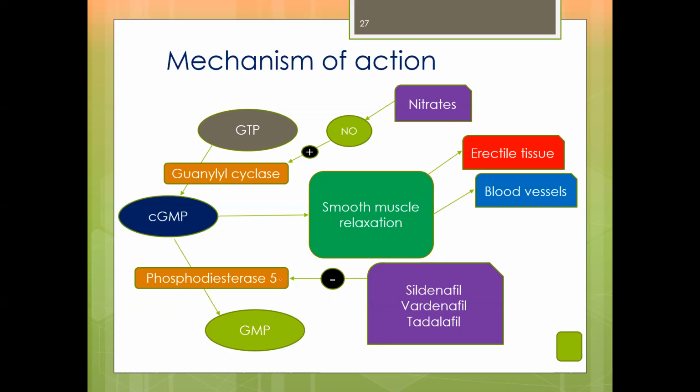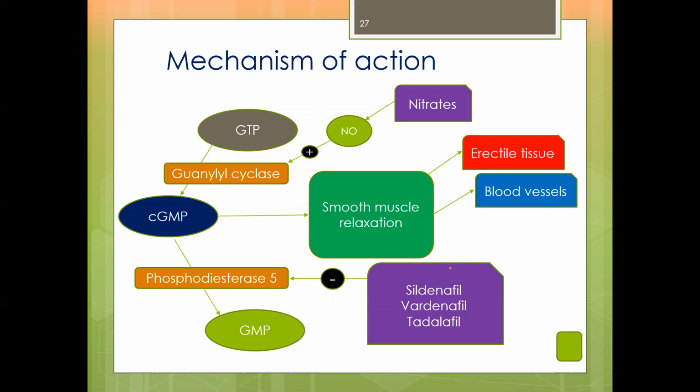So when you block this, you'll have more cGMP available. You have more of this available means that you have more blood vessel dilatation and also erectile tissue relaxation. Okay, so you will block this, it will cause more erection. And obviously, sildenafil's brand name is Viagra. Okay, so this is Viagra.